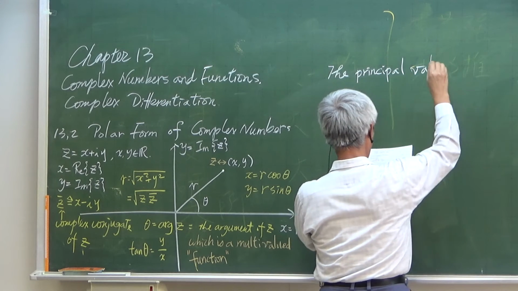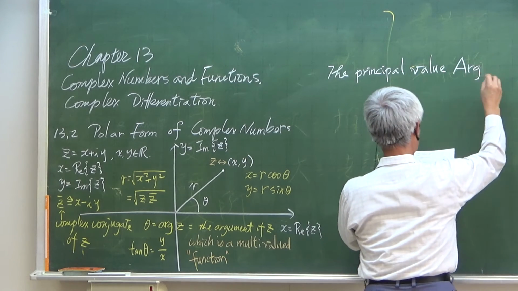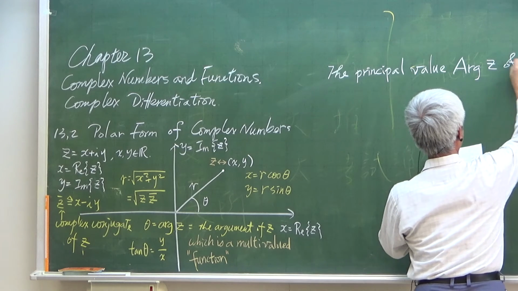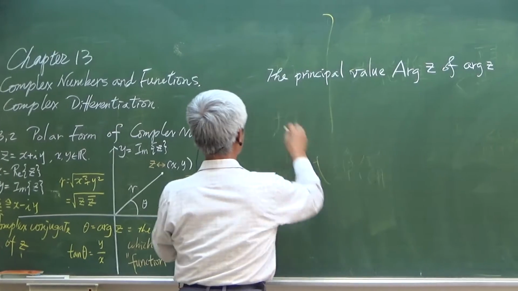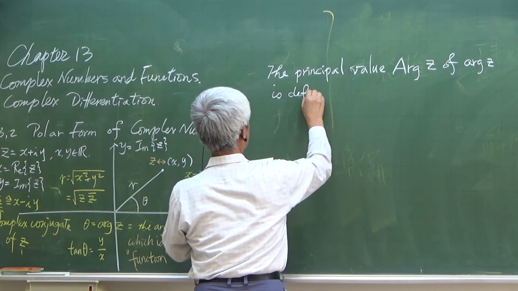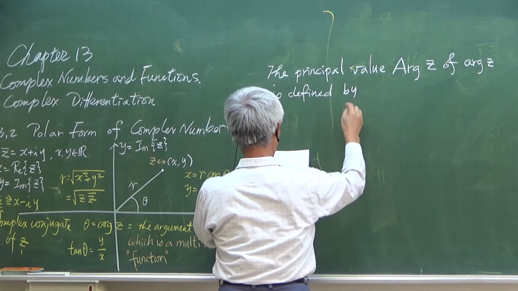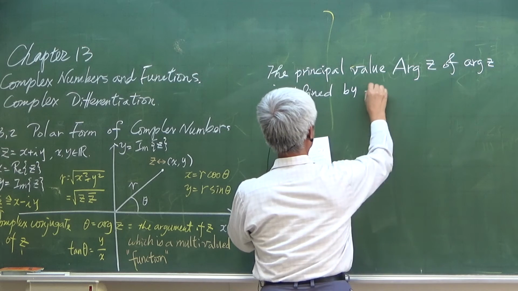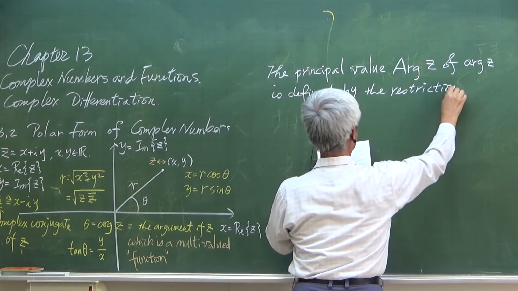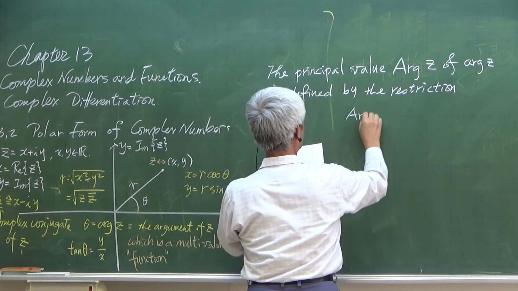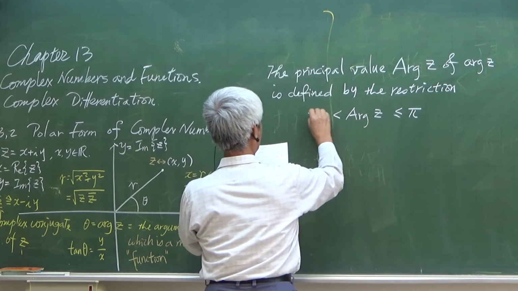So we will define the principal value, denoted as capital Arg z, of this multi-valued function, defined by the restriction that Arg z is less than or equal to pi but greater than minus pi.